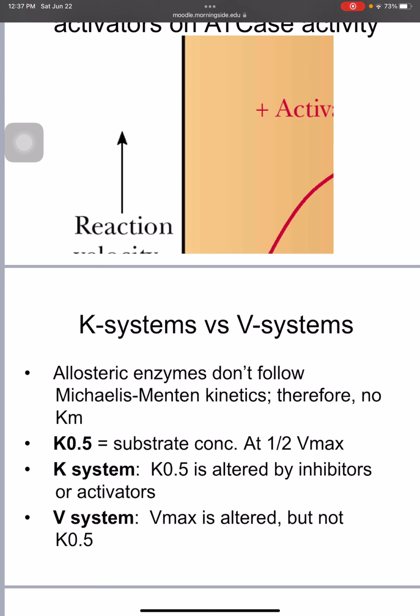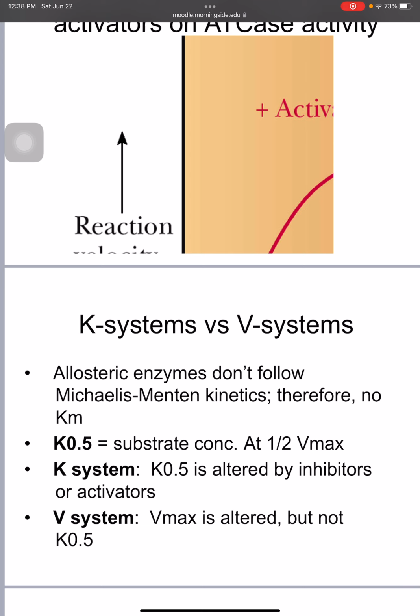With Michaelis-Menten, with competitive inhibitors, the K sub M was altered, but not the Vmax. We basically have that same situation over here, but we call it a K system in the context of allosteric enzymes. So in an allosteric enzyme system, a K system is one in which the K sub 0.5 is altered by inhibitors, but Vmax is unaltered. So you can basically think of a K system as being kind of the same thing as a Michaelis-Menten enzyme system with a competitive inhibitor.